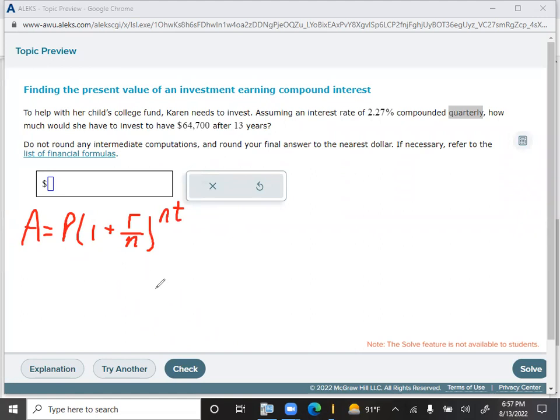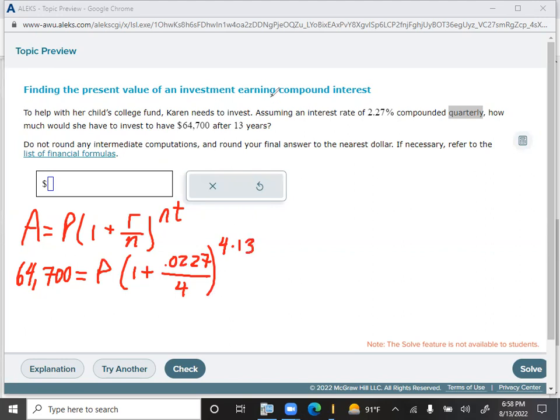Assuming an interest rate of 2.27% quarterly, how much would she have to invest to have 64,700? So we want to end up with 64,700, and the question is, what does she need to invest, P, to make that happen? If she does it in one big lump sum, which is how pretty much nobody does it. But this is just giving us practice with this formula. And quarterly means 4 times per year. And we're going to do this for 13 years.